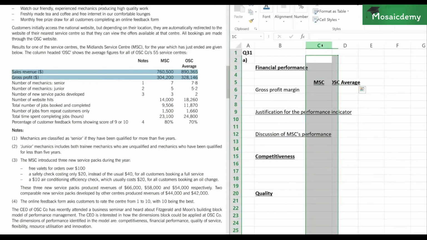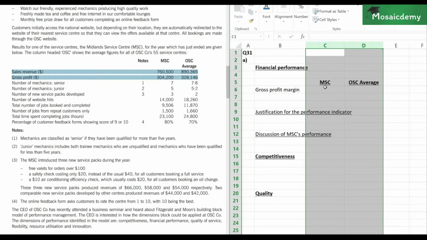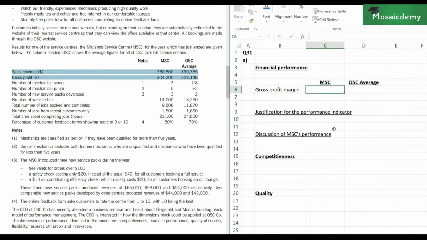Let's just drag these columns out a bit. Okay, so the gross profit margin for MSC, we'll just input our numbers, is 304,200 divided by 760,500. Okay, and for OSC average is 328,146 over 890,365.